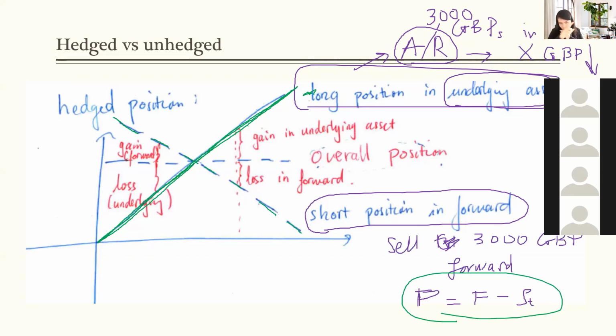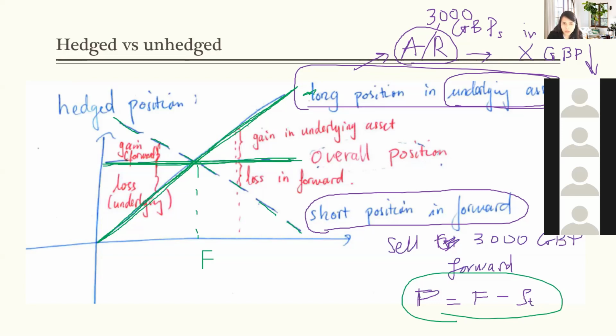They are opposite. The implication is that it creates a portfolio where my payoff is always a flat line, and this is F, which is the forward rate.